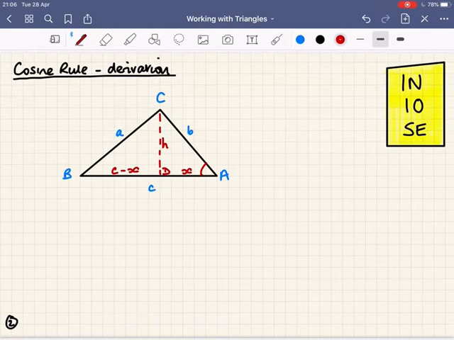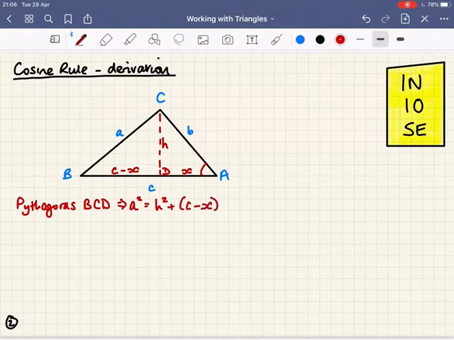Let's see what we can now investigate about the various bits of that triangle. So let's use a bit of Pythagoras to start with. If we look at Pythagoras for the triangle BCD, the one on the left-hand side, what that tells us is that a squared, which is the hypotenuse of that right-angle triangle, is equal to h squared plus (c minus x) squared.